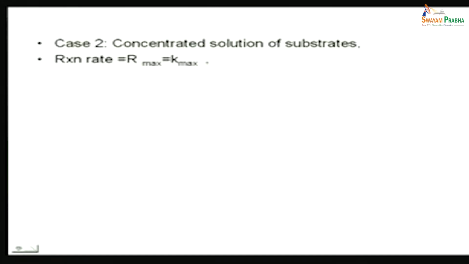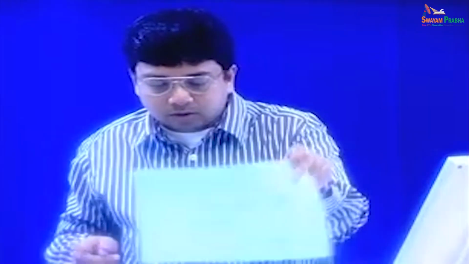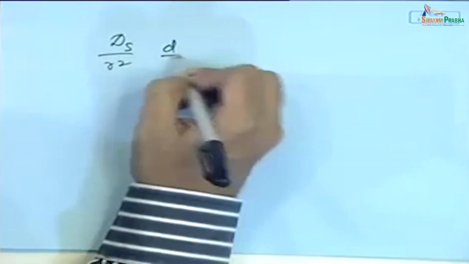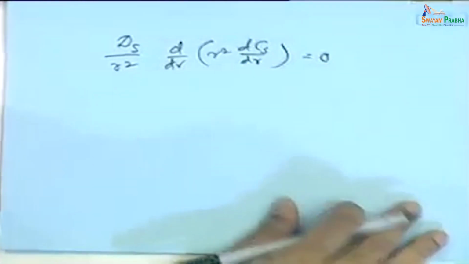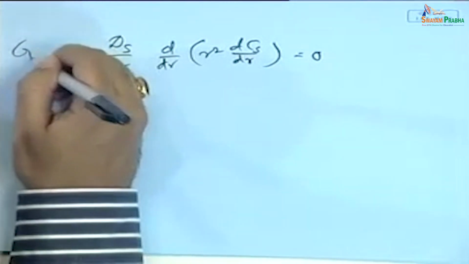So what would be my governing equation now? It's still the same, in the spherical coordinate: d/dr of r squared dCs/dr equals 0.